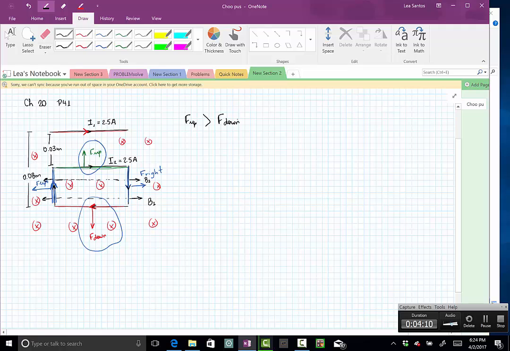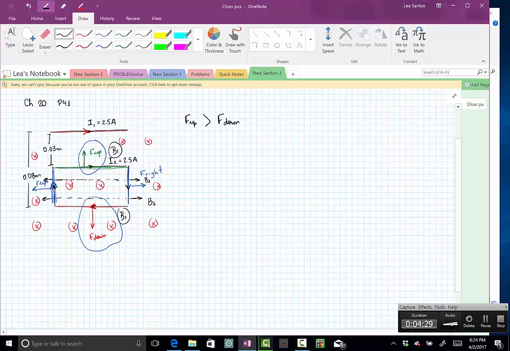Why? Because the current on top of the loop is closer to wire 1 than the current at the bottom of the loop. So the magnetic field at the top, this B1 here, is stronger than the B1 down there.